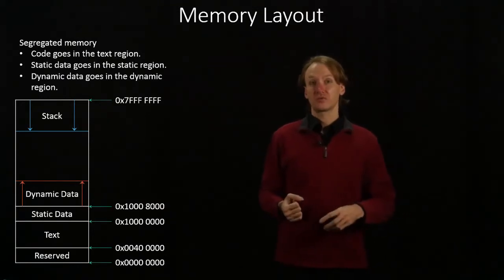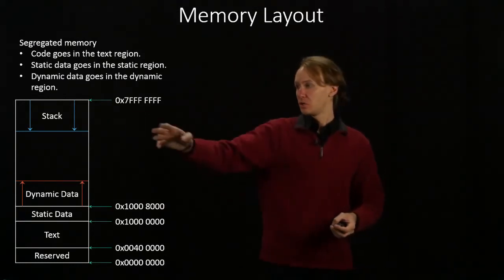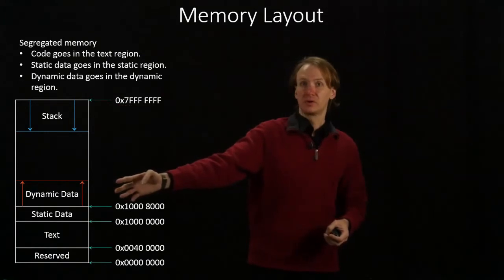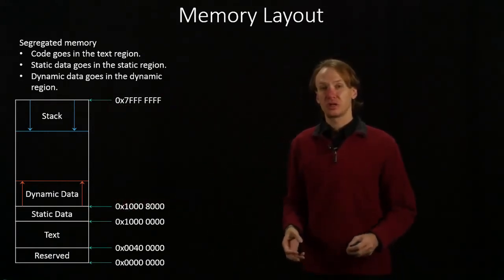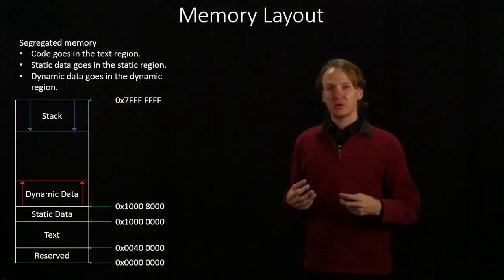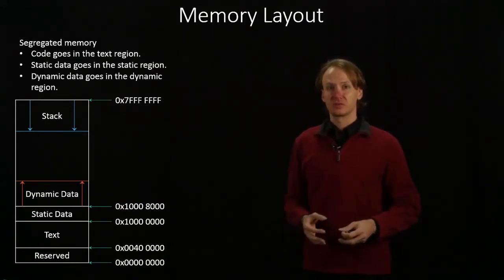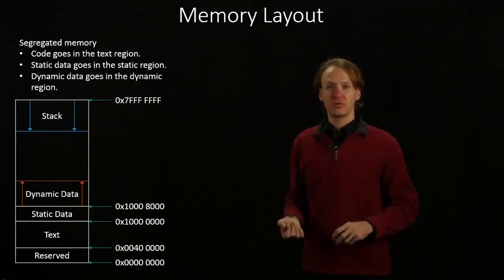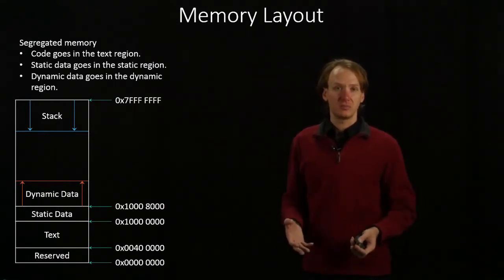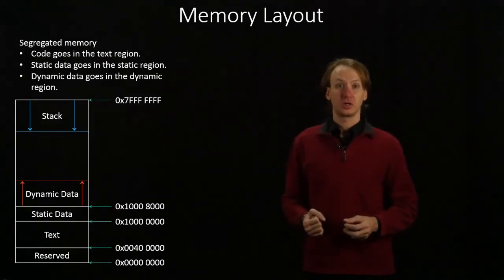But our dynamic data region will have two different parts to it. We'll have a stack and a heap. The heap is pretty straightforward, and we'll look at it in more depth later. But it's primarily for objects. This is where you would put objects, data structures, everything that you're going to use for a long time that's not really related to a single function.